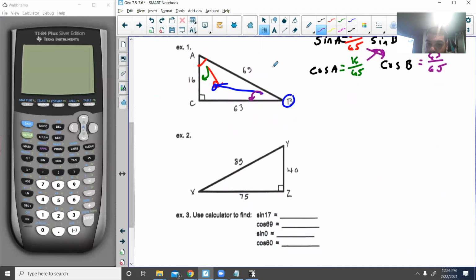The next one, everyone try. This time, notice it is a different position.